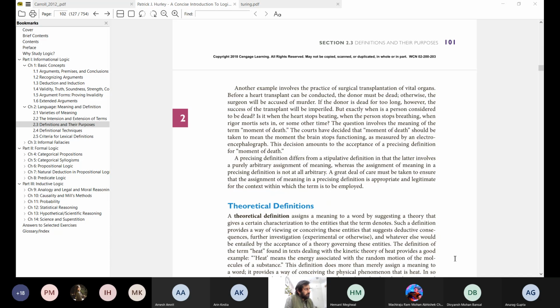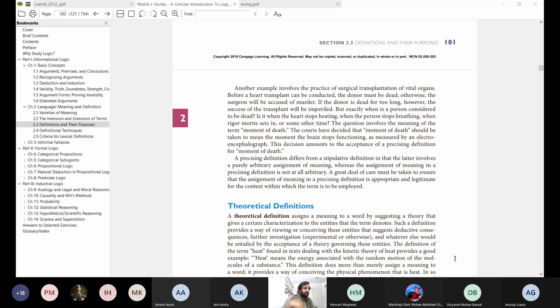In the context that we will be looking at, we won't see very much by way of stipulated definitions, but it's still a useful distinction to keep in mind. Are you making something up and you have full authority to say, look, here's what I mean by the term? Then you are in the domain of the stipulative.